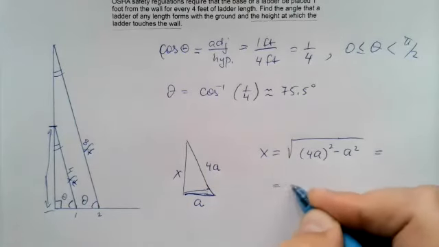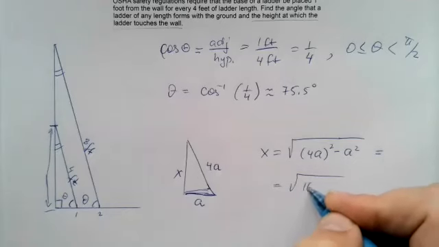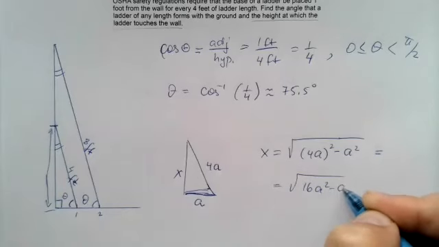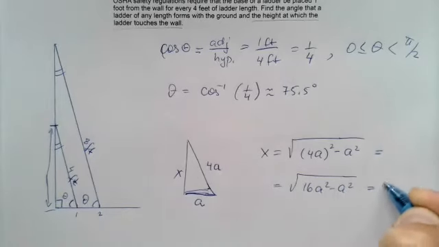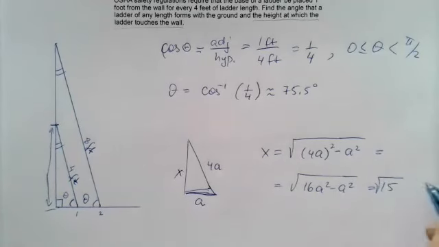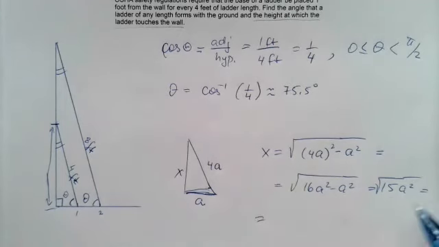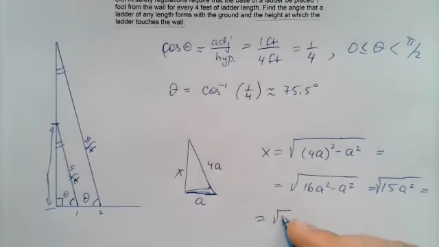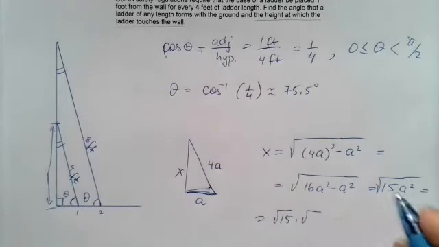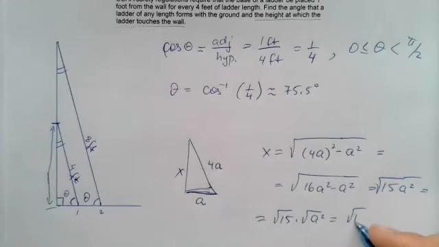So that will give us 16a squared minus a squared. So that's going to be the square root of 15a squared. And now we can rewrite it as the square root of 15 multiplied by the square root of a squared. And a squared simplifies to just a.